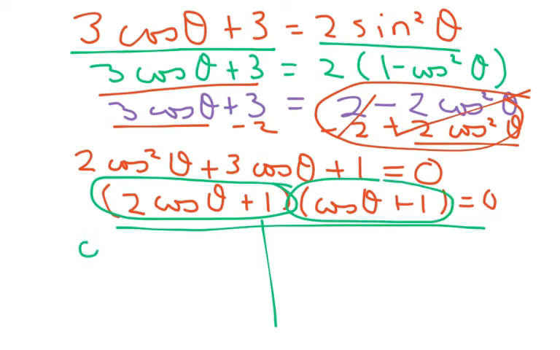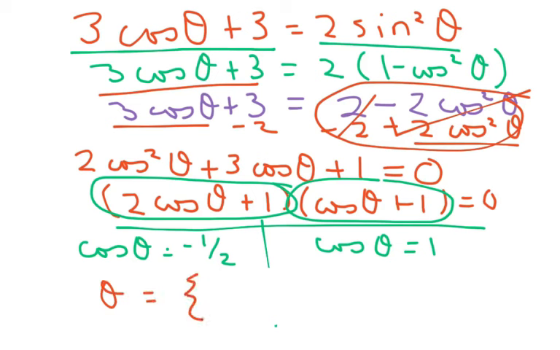So in this case, I'll have cosine of theta equals negative 1/2. In this case, I'll have cosine of theta equals negative 1. And my total solution set, I'm just going to put them all together. For negative 1, I have theta equals pi.